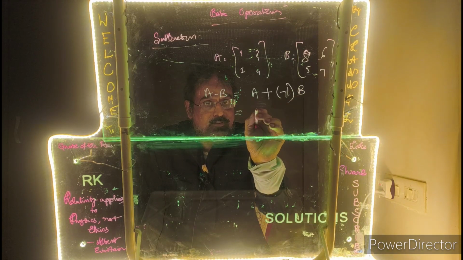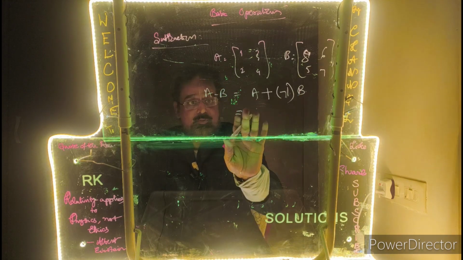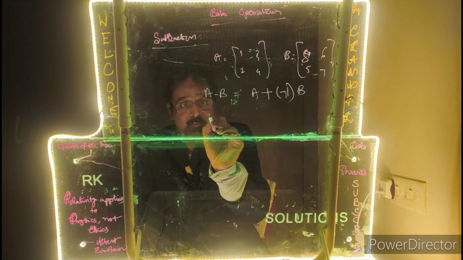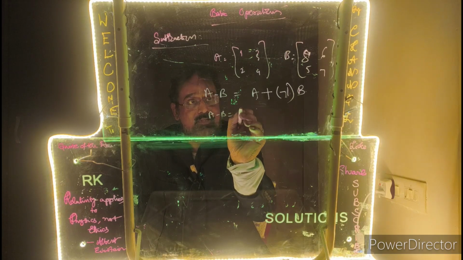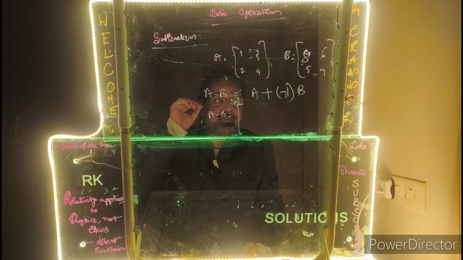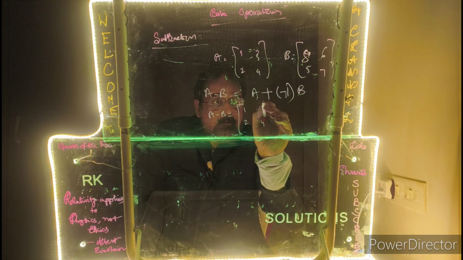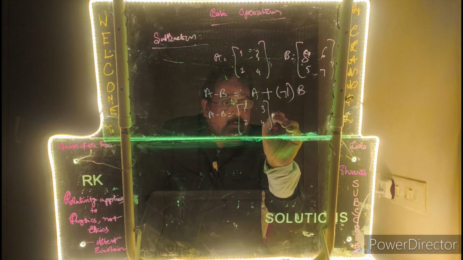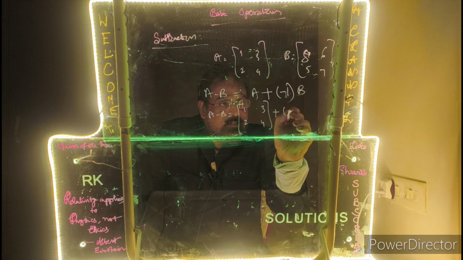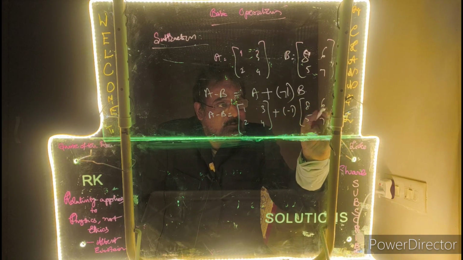Here, what do you get? A plus minus of B. So A minus B in the above example will be 1, 2, 3, 4 plus minus 1 into 5, 6, 7, 8.